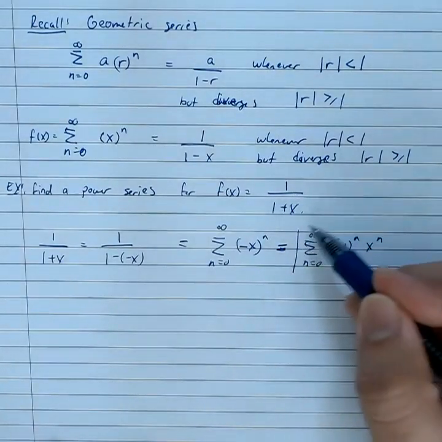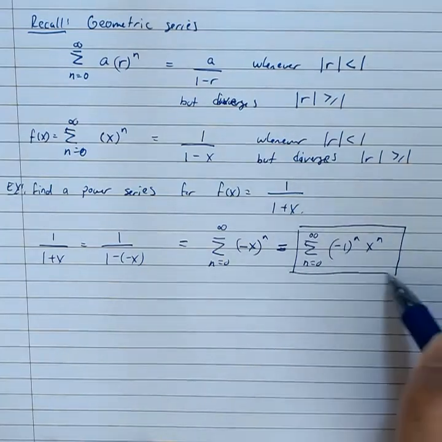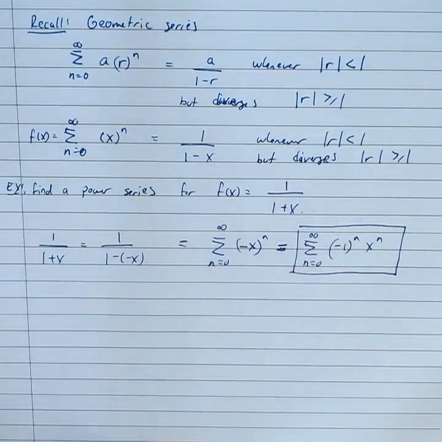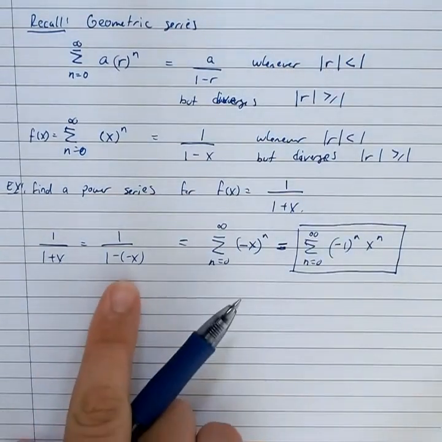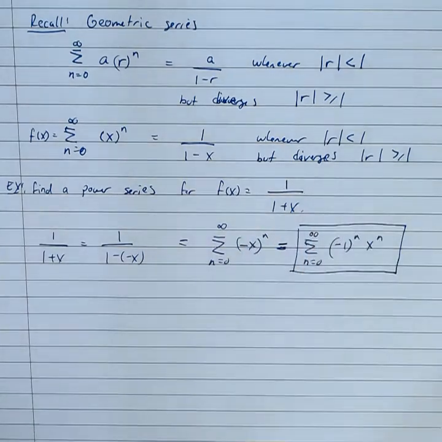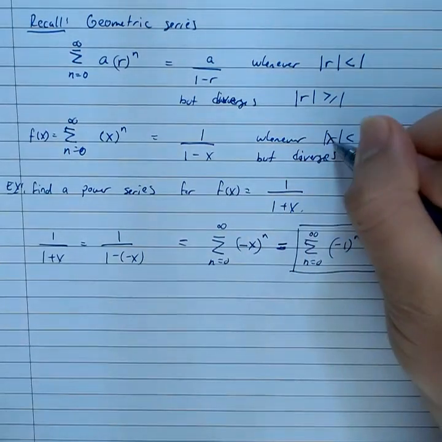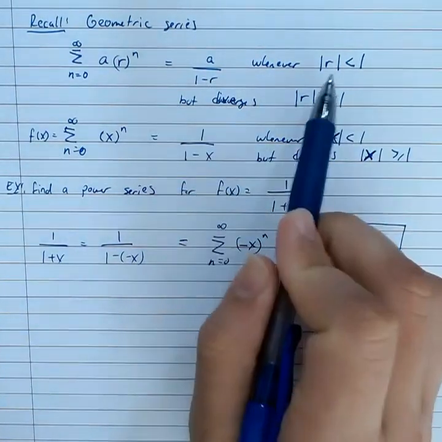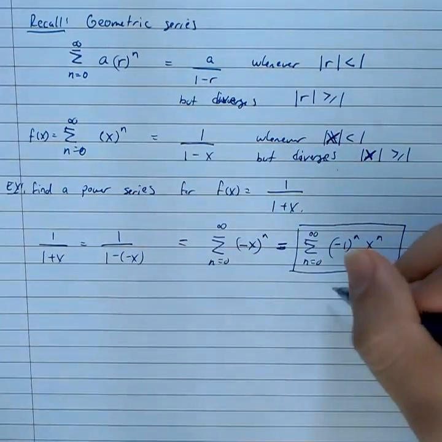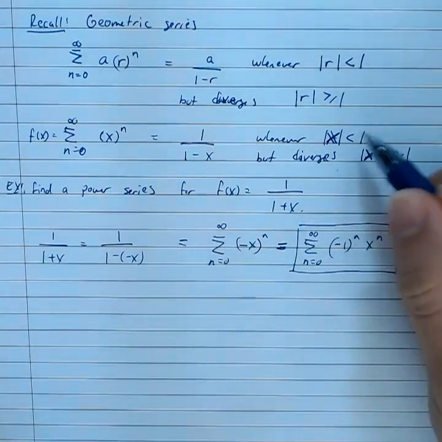1 over 1 plus x is the same as the sum as n goes from 0 to infinity of minus 1 to the power n times x to the n. But again, this must hold whenever minus x in absolute value is less than 1. And here I wrote that as r, it should be x, because here I've changed r to x. Here I still have a radius of convergence of 1.